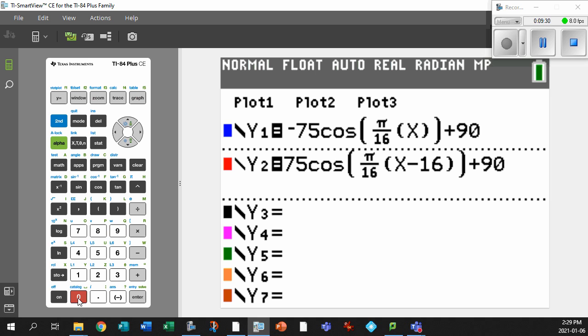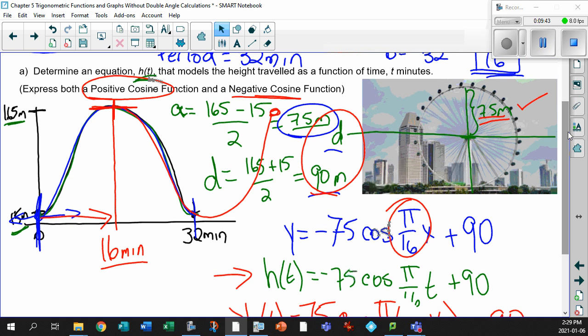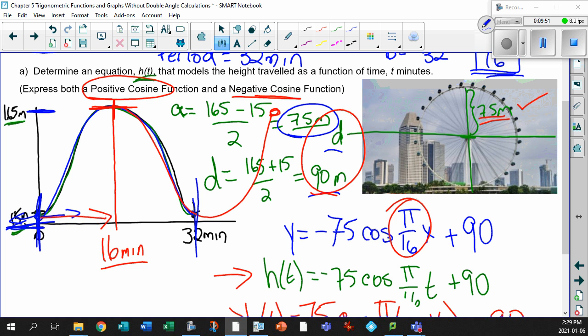Now, before I hit graph, you've got to make sure that your windows are set up properly. So let's go back and figure out our windows. Well, you know our windows. Look, it's right here. This is why we sketched this graph out first. Our windows are going to be from about 0 to 165, up to 32 minutes.